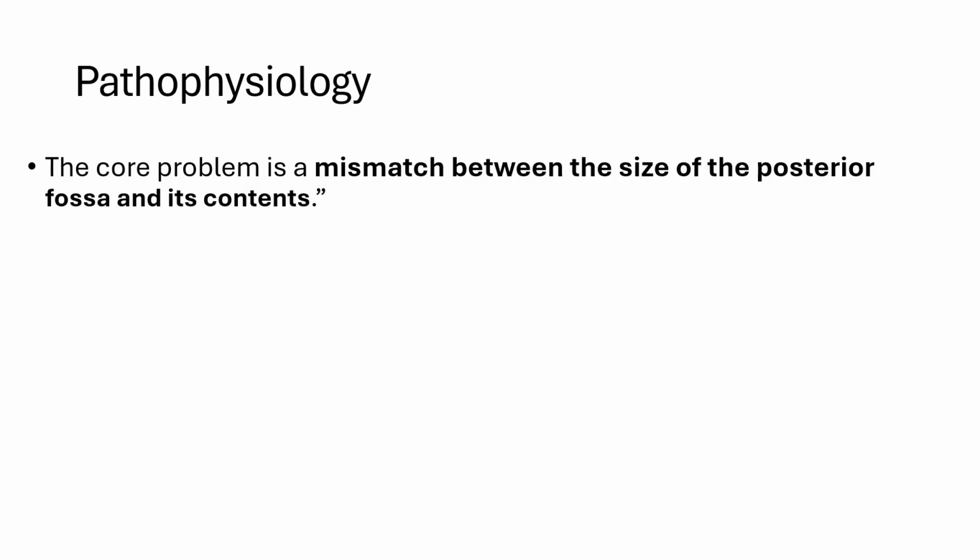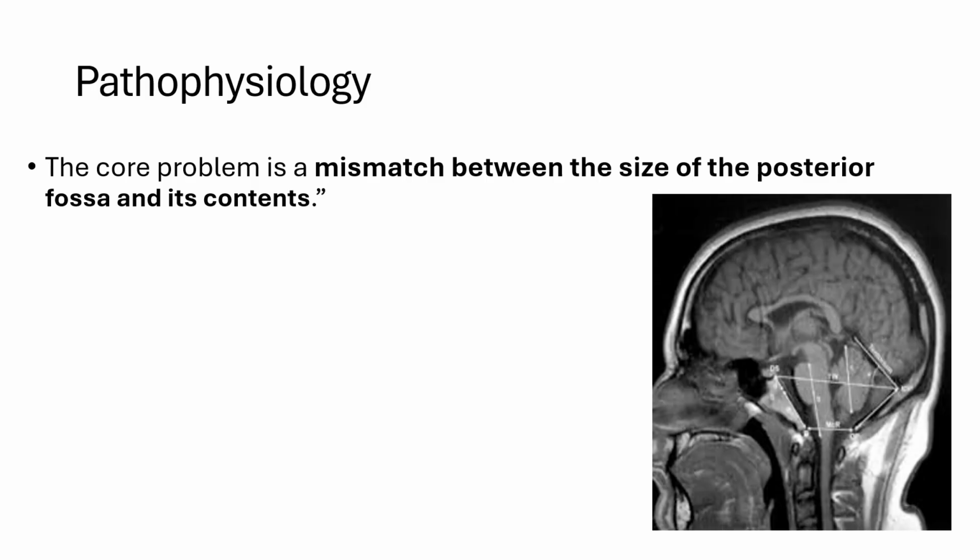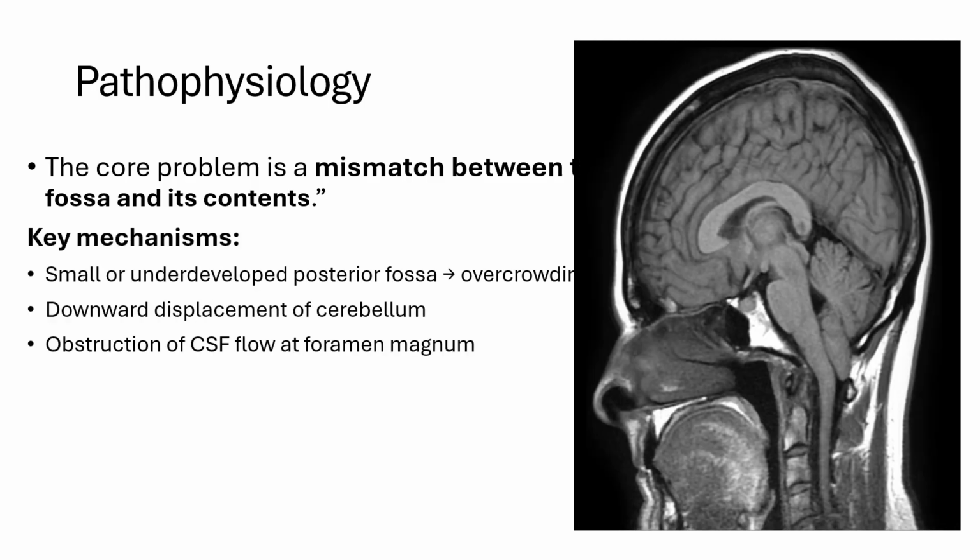Pathophysiology of Chiari malformation is the mismatch between the size of the posterior fossa and its content. We can see here the posterior fossa, with the cerebellum and brainstem as its main structures. What is the key mechanism?